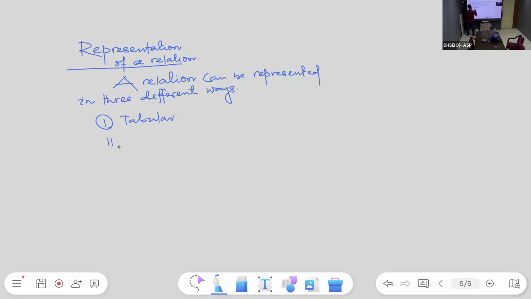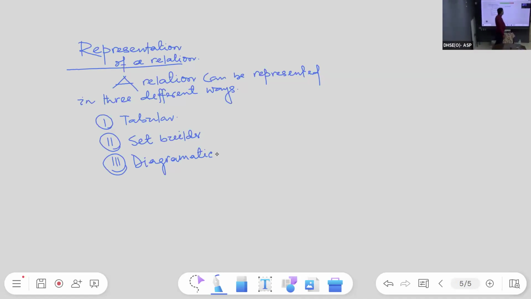The second one is set builder. The third one is diagrammatic. First one is tabular. Second one is set builder. Third one is diagrammatic. Okay.